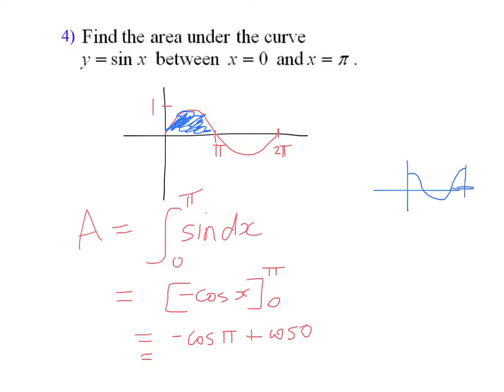That value there is 2 pi, just there is pi. There's 1, and there's negative 1. So you can see cos of pi is negative 1. So that's negative negative 1, which is positive 1, plus, and then cos of 0 you can see there is 1. So that's equal to 1 plus 1 equals 2 units squared.